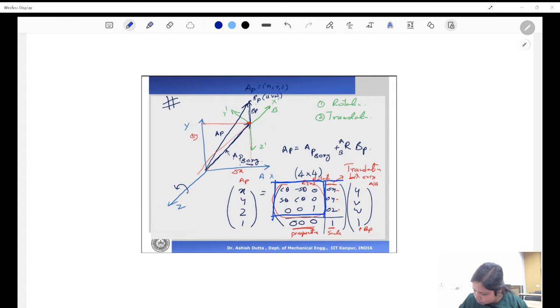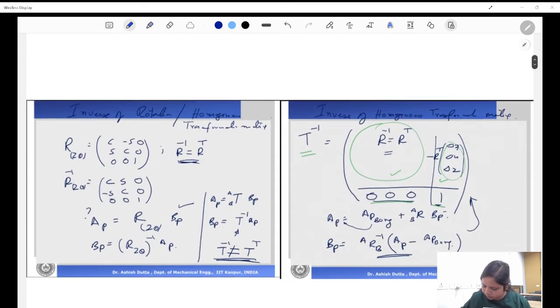This part deals with the translation. The lower part remains as 0, 0, 0, and this is 1. So we already had this, but the rotation is taken into account from here and the translation from here. Okay, we'll see the questions.